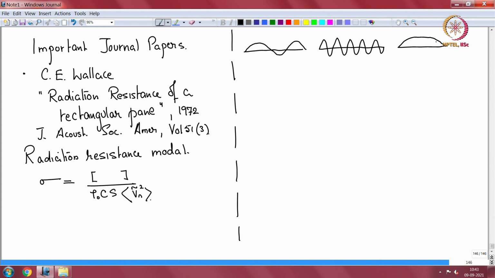Just looking at 1D, suppose. Then let us say that their vibrational power is the same. That means the mean square velocity is the same.